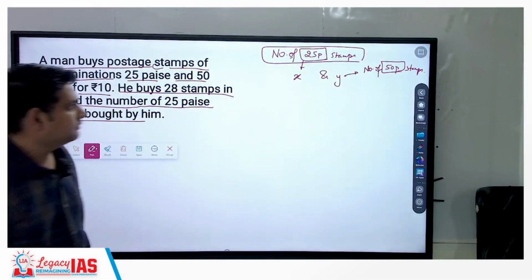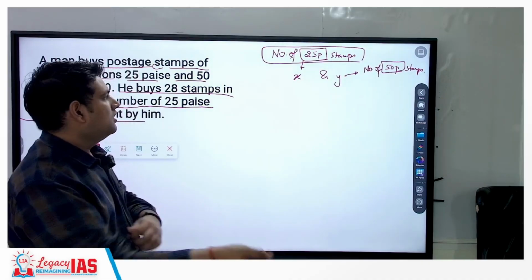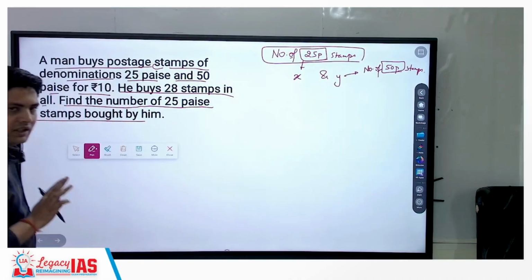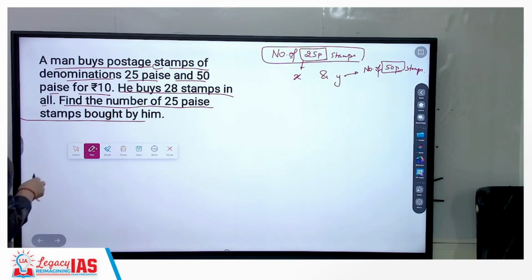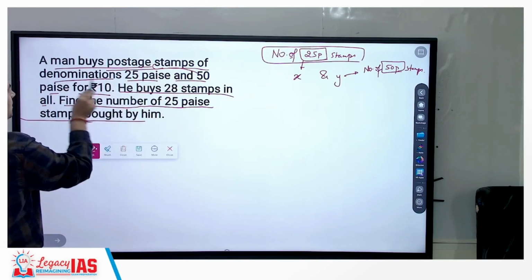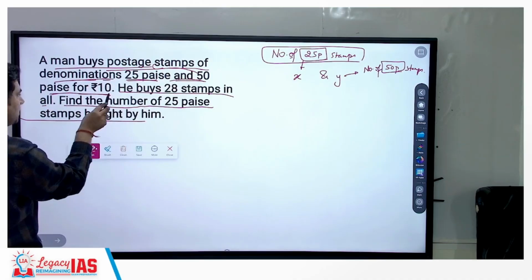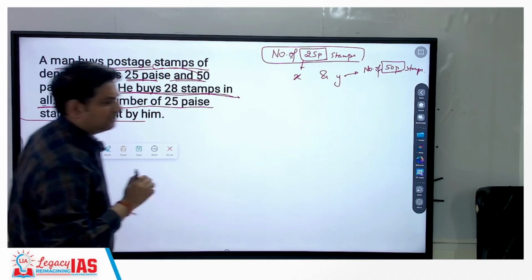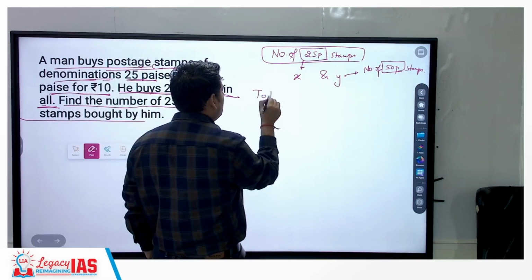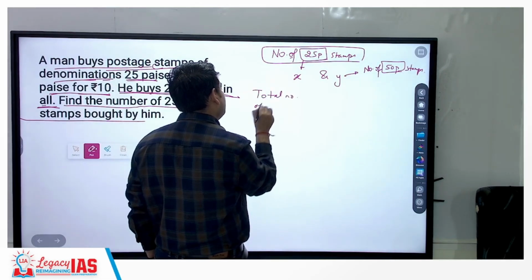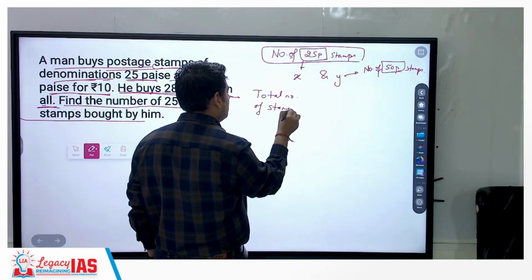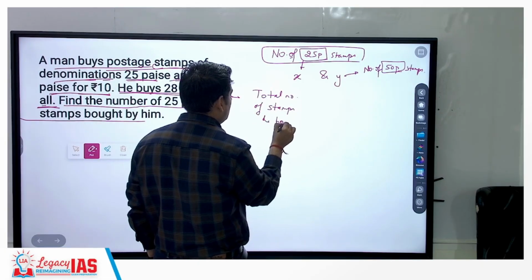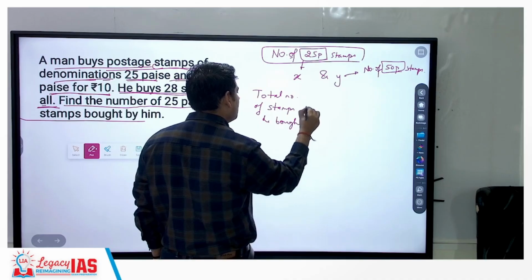Understood? Now what do I need to do? Now let's read the question. A man buys postage stamps of denominations 25 paise and 50 paise for 10 rupees. He buys 28 stamps in all. So the total number of stamps he bought.